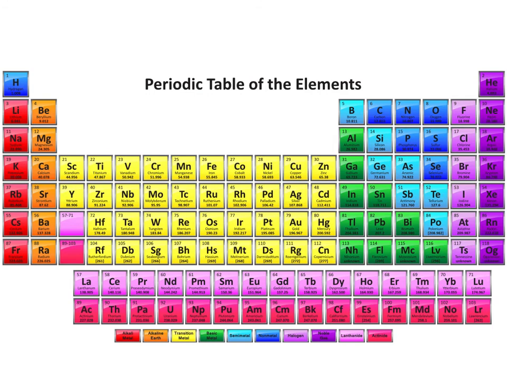But these are not the only ways to depict the periodic table. This is what you would see in every college laboratory, every high school laboratory throughout the decades. Classical two-dimensional grid. The problem is it doesn't always depict the relatedness of the elements very effectively.